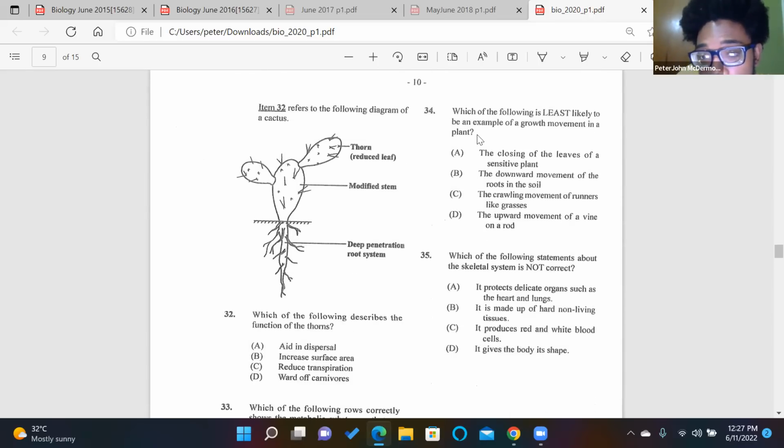Which of the following is least likely to be an example of a growth movement in a plant? Least likely of a growth movement. So which one of these is not growth?